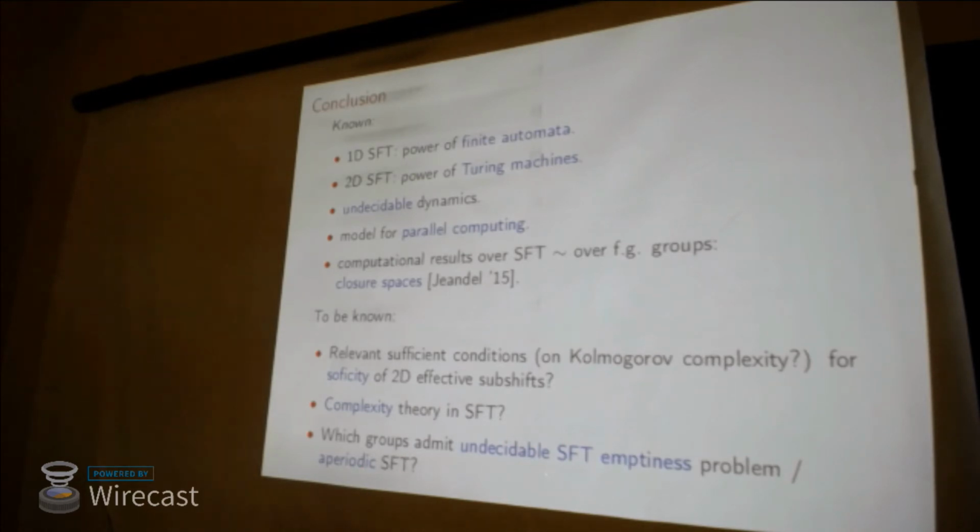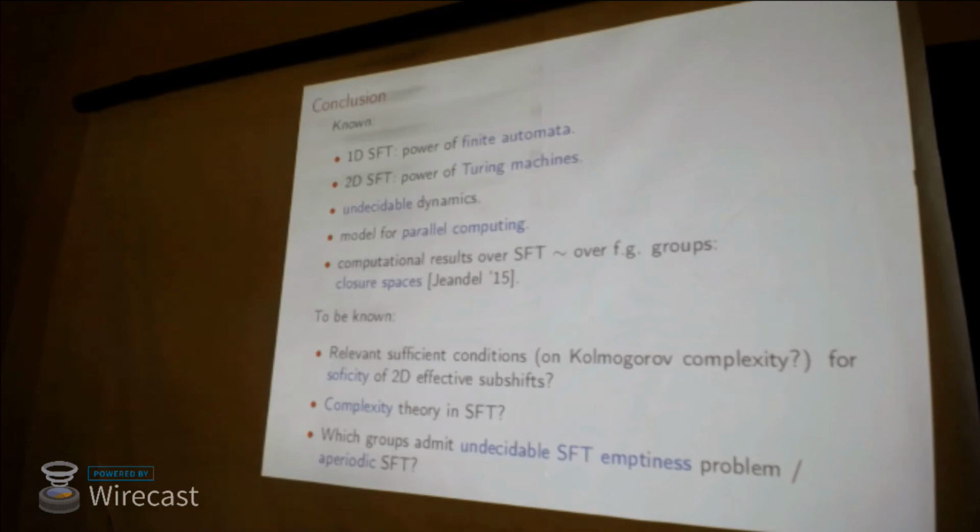We don't even know in which groups we can build an aperiodic subshift of finite type. By the way, just one sentence, because I find this funny. There is this question of when we can find an aperiodic subshift of finite type, in which groups.